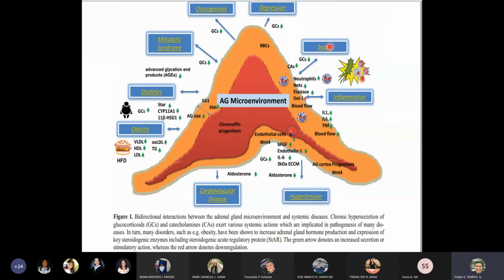Sepsis, because elevated cortisol can cause problems with your inflammatory response. Inflammation. Hypertension, because of the excessive production of aldosterone. Cardiovascular disease, because you cannot have sustained hypertension. Obesity, because of the increase in fatty acids from lipolysis. And metabolic syndrome, and osteoporosis, again with the increase in your osteoclast activity.